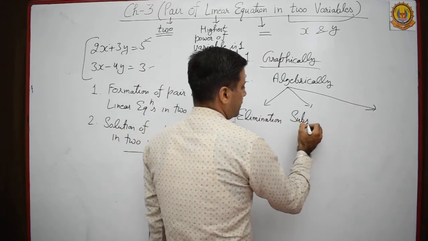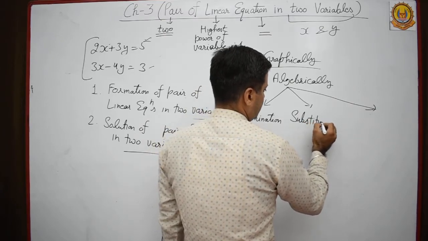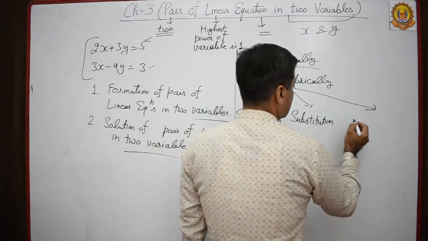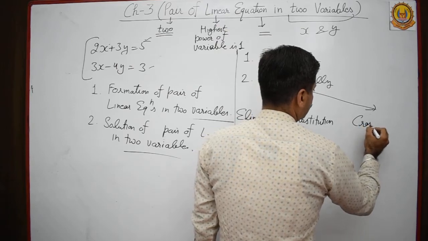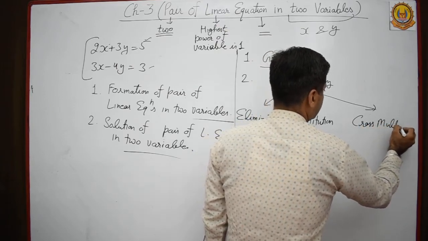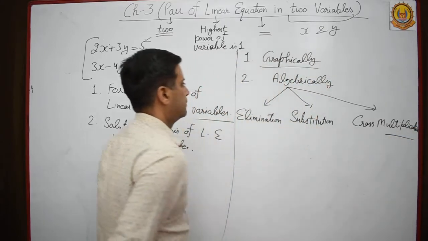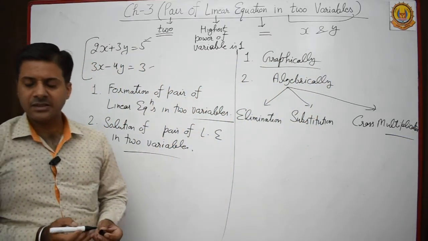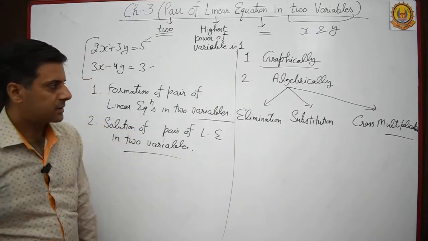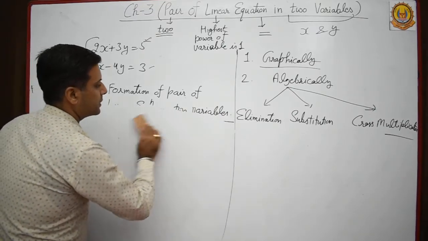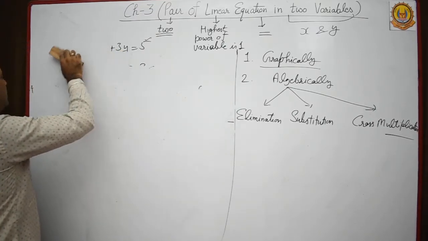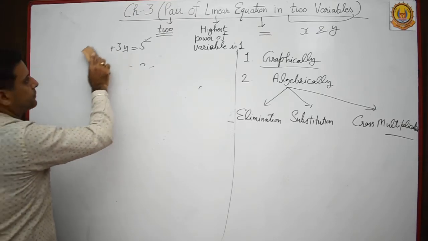Second is substitution, and third is the cross multiplication method. One by one I will discuss these methods with you. Firstly, I am going to start with the graphical method.